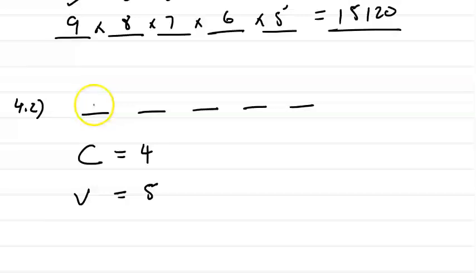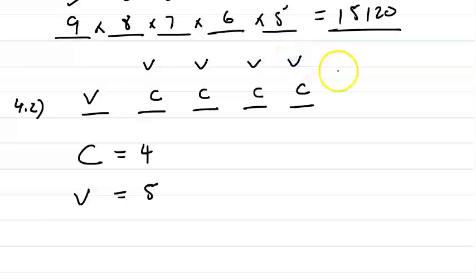So therefore, we can have a vowel and a consonant here. But if you look closely, this would now be 1, 2, 3, 4, 5 places. So therefore, this is now 5 factorial. However, remember that the vowel can move from this position and it can go here. And if it goes there, then you can have a consonant in all the other places. A vowel can also be there, there, and also there.